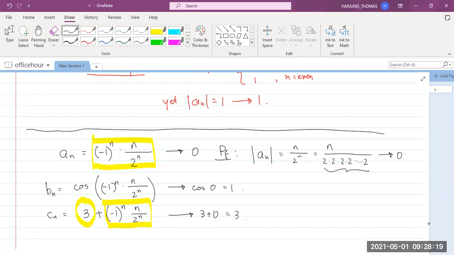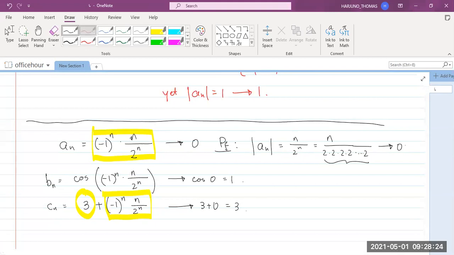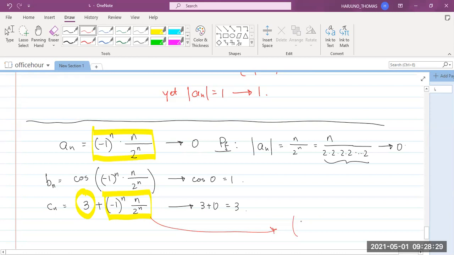Now, the way he wrote the question, not exactly the same question, he tried to confuse students also, I think. He wrote it this way. Let me see. He wrote it as (-1/2)^n times n.